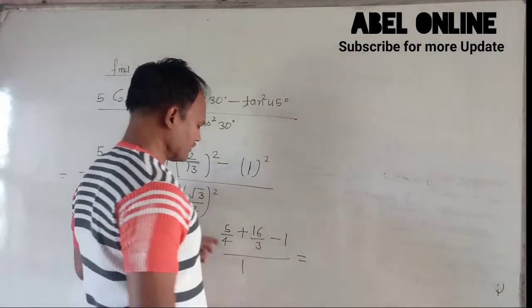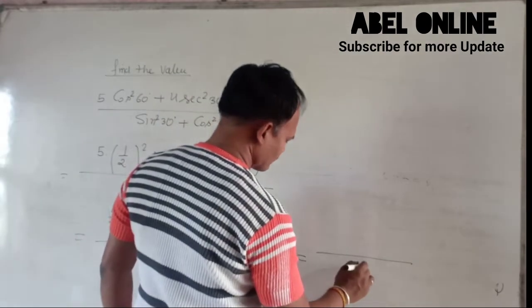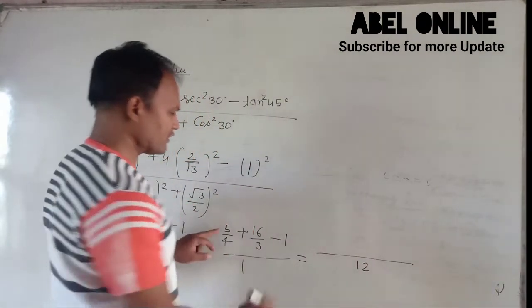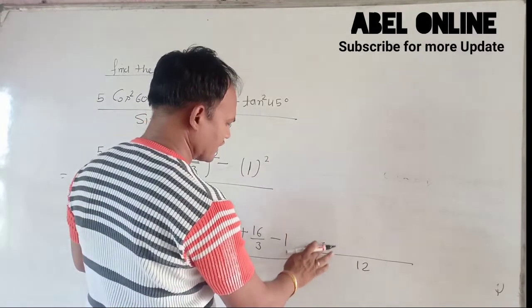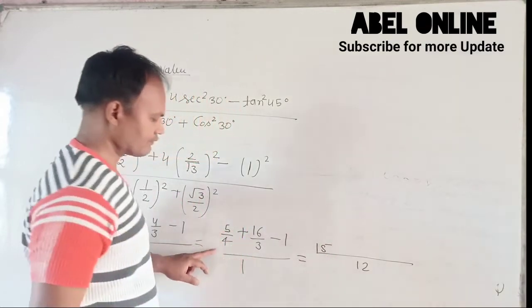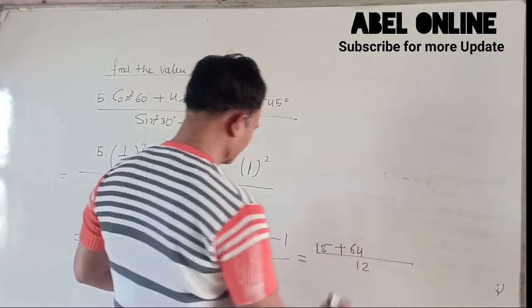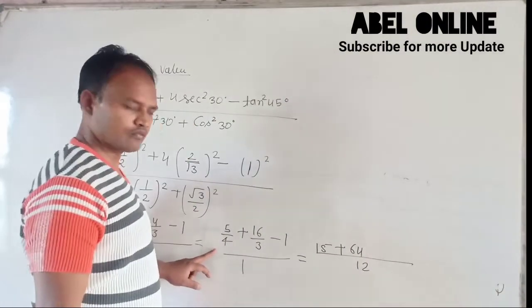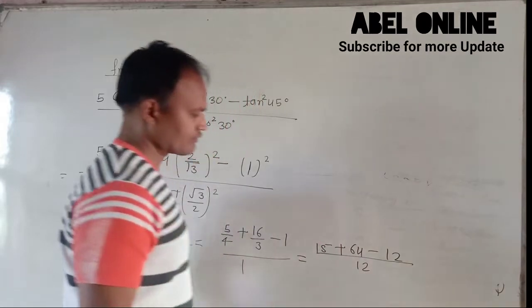So take the LCM, which is 12. There is 5, after taking the LCM there is 15, this is 64, and this is 12.